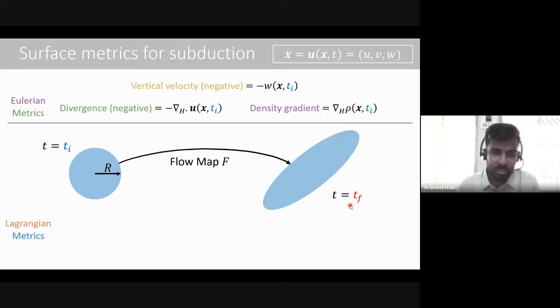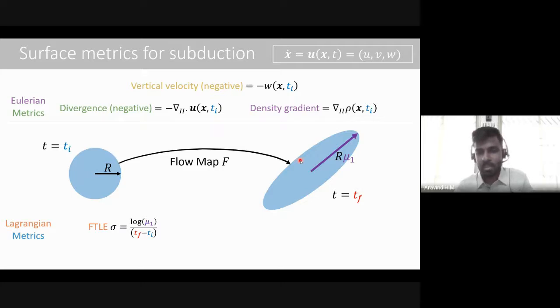So the first Lagrangian metric I consider is called the FTLE, which essentially tells us how much elongated the fluid patch gets by looking at one of the singular values of the flow map gradient. How exactly this is computed is not super important right now, but if anyone has questions, I will be happy to take that up later.